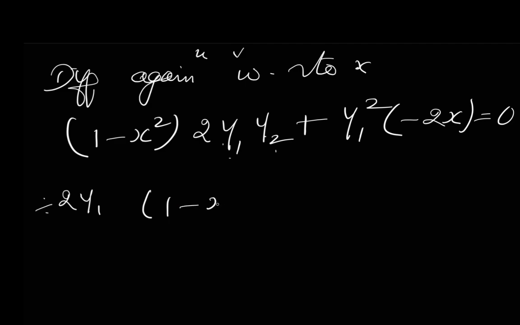So you will get 1 minus x squared y2 minus xy1 is equal to 0.